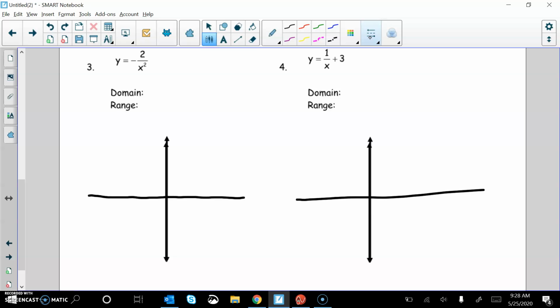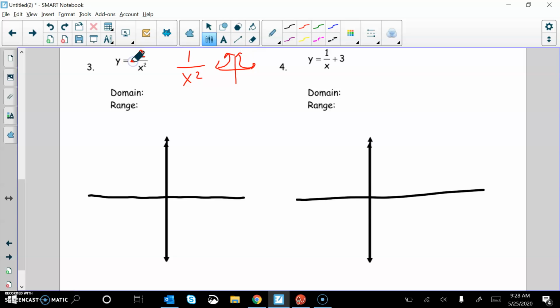All right. So in this one, we have transformations due to this negative and this 2. So 1 over x squared, the graph does this.